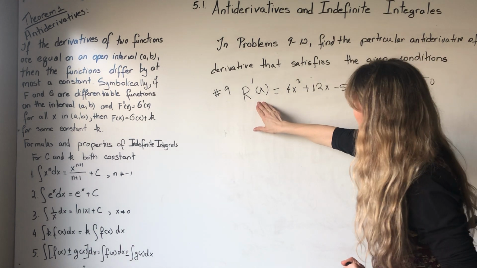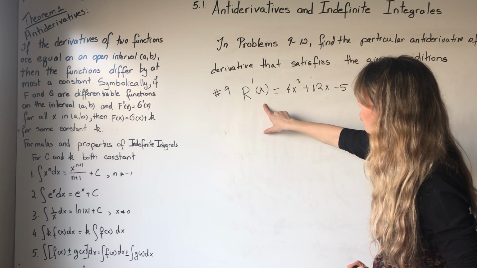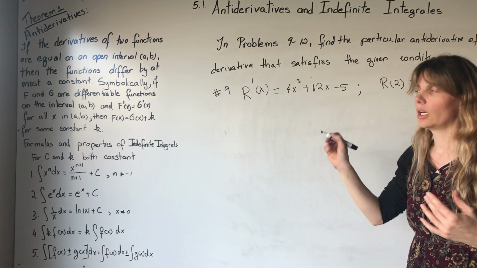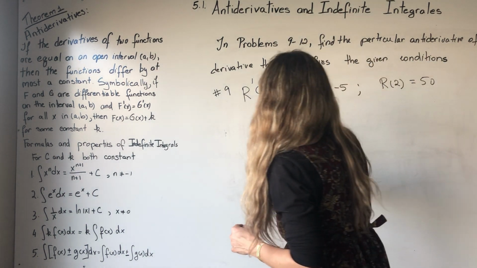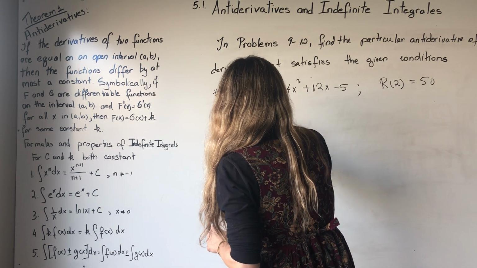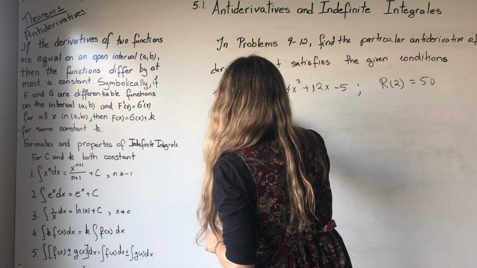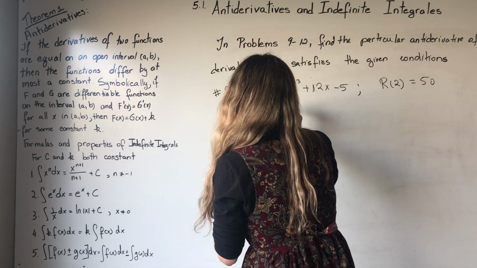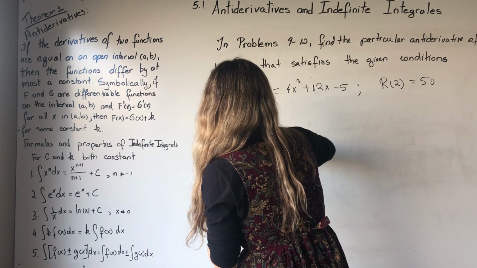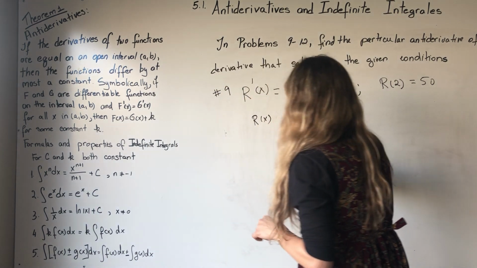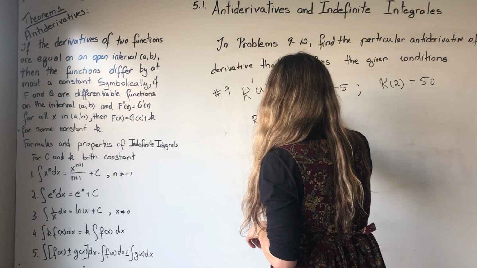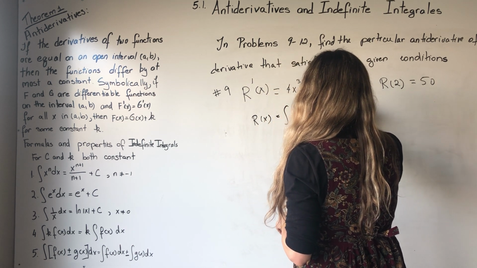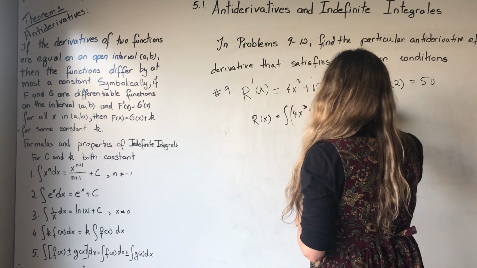I have r prime of x equal to this, so I have to take the integral of both sides. Therefore, the integral of r prime of x is r of x for simplicity. r of x is equal to the integral of 4x to the third plus 12x minus 5 dx.